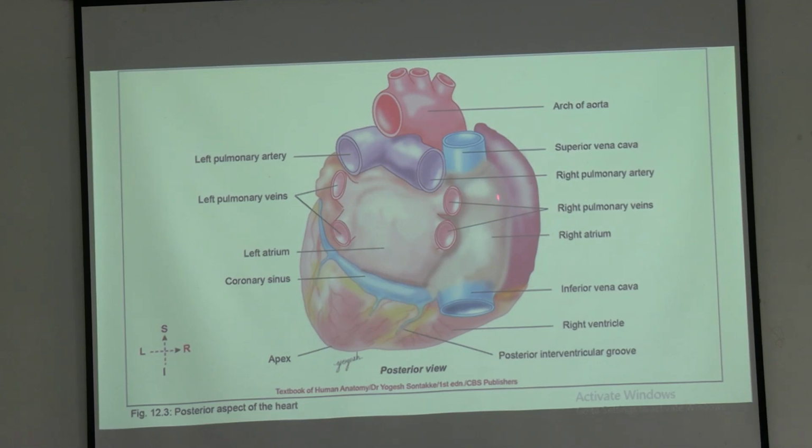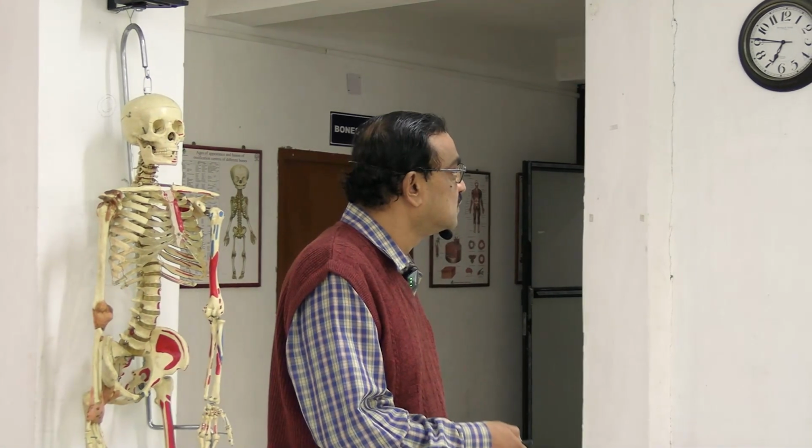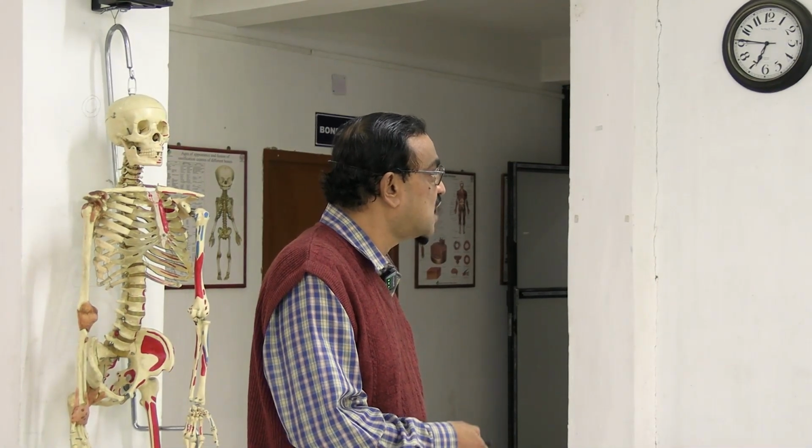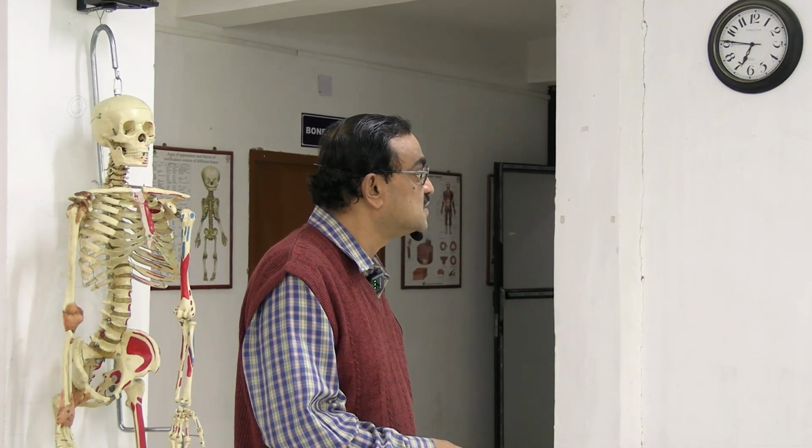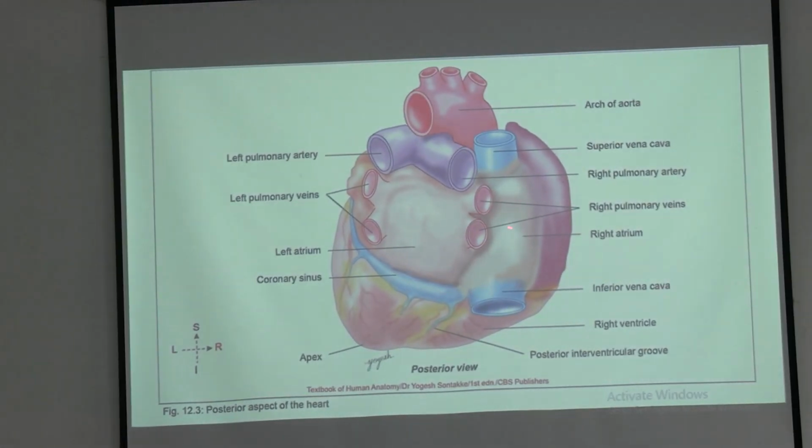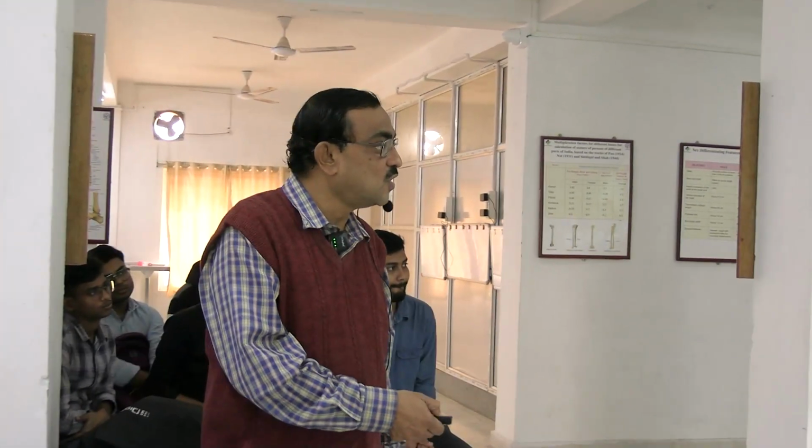So this part is the right atrium. This part is called the posterior surface or the base. This part only, the left atrium and the right atrium, constitutes the base or the posterior surface of the heart. Not this one.